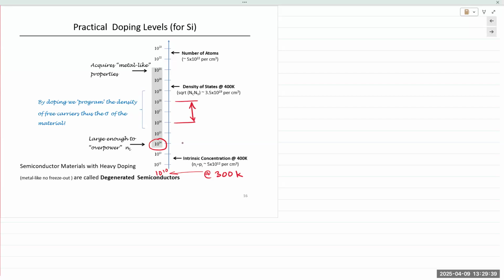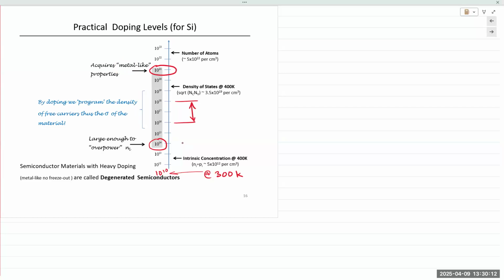As you introduce more and more charge carriers in there, what happens? What kind of material has a lot of free electrons? Conductor or metal. So if you dope your semiconductor to something about 10 raised to 21 atoms per centimeter cube, it acquires near metallic properties.